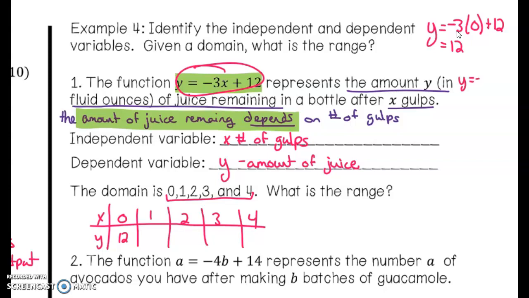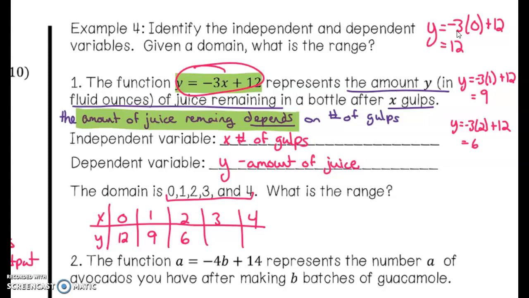So now let's plug in 1. So where x is where you plug in the 1. So it was negative 3x, so the 1 goes instead of x. So that's your input, and your output, negative 3 times 1 plus 12 is 9. So that means after 1 gulp, there are 9 ounces left. Okay. And then after 2 gulps, same thing, plug in 2. Feel free to use a calculator if you need to. You get 6.